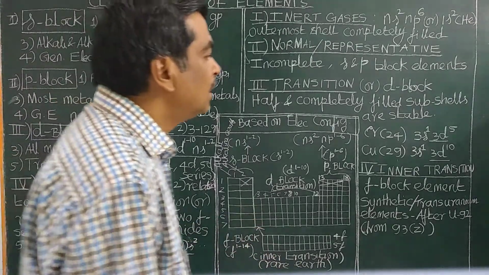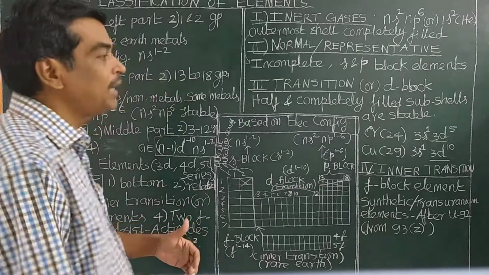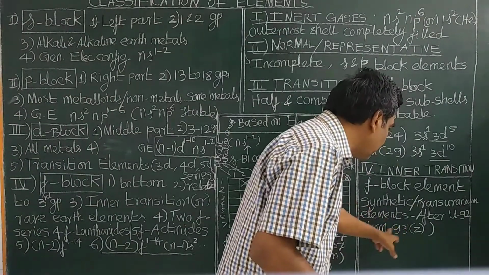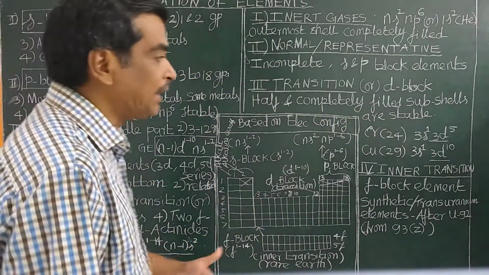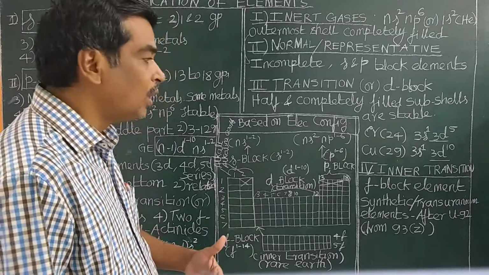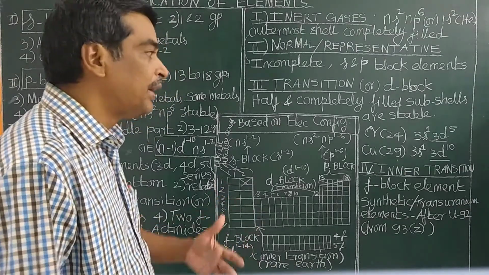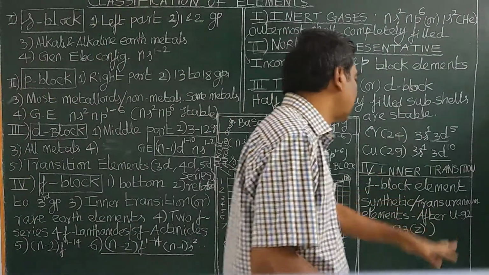For example, after uranium-92, which occurs naturally, the elements from atomic number 93 are produced in nuclear reactors, and they have unstable nuclei. They emit radioactive radiations. So they are synthetic elements.